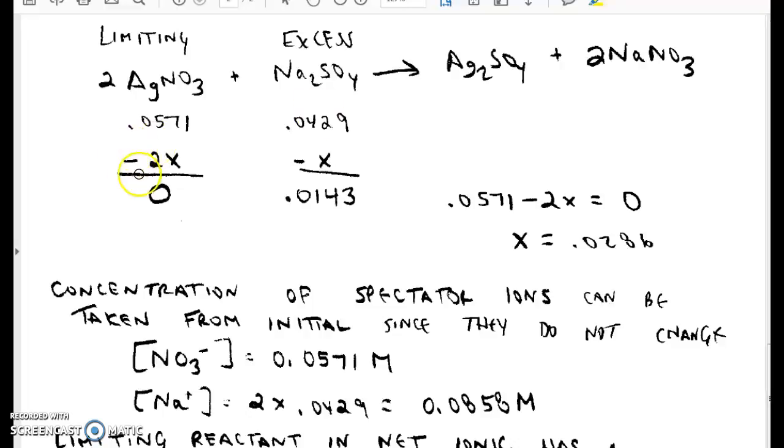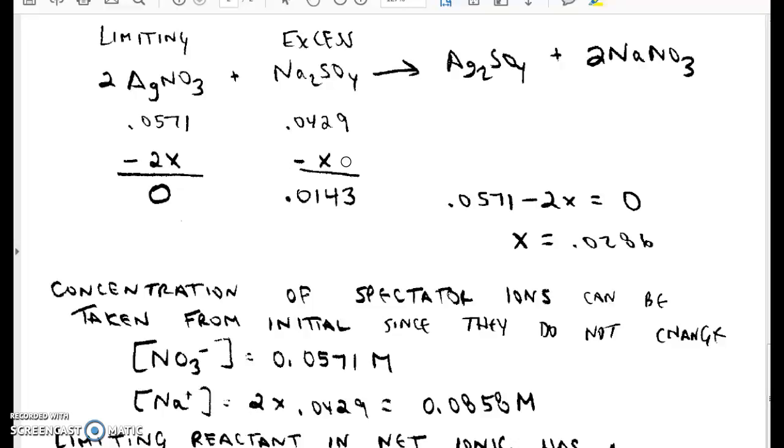And then this row of my table here is the change that occurs. And so this is where I'm factoring in my mole ratio. So essentially I will use up 2 silver nitrates for every 1 sodium sulfate that I use because that's their mole ratio in the balanced chemical equation.